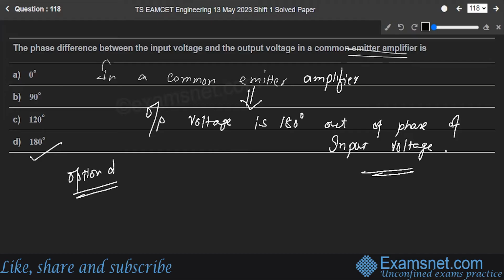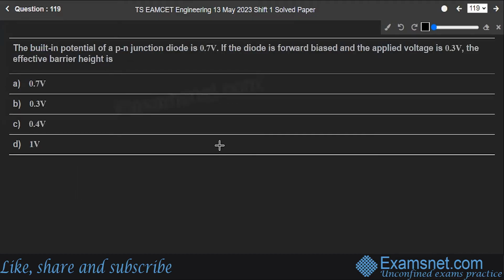Hope you understood. Next is question number 119. The built-in potential of a PN junction diode is 0.7 volt. If the diode is forward biased and the applied voltage is this much, the effective barrier height is.